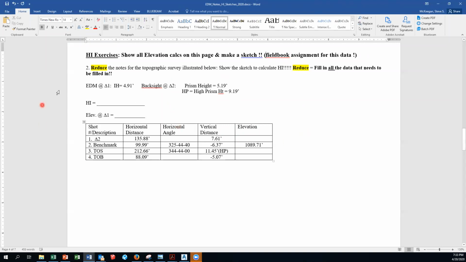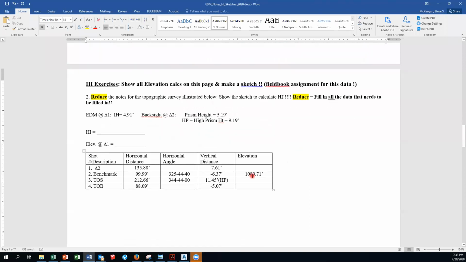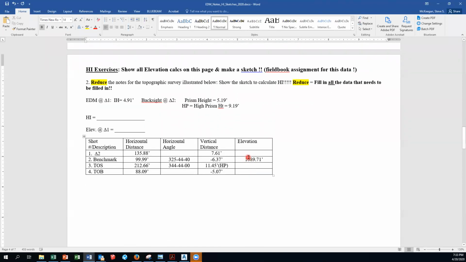So you're going to type all of this into the field book, including this, all of this on one side, and then on the other side of the field book, make that sketch. Make that sketch right there. And I want you to show me all the calcs for doing the elevations. You got 3 elevations to figure out. Okay.